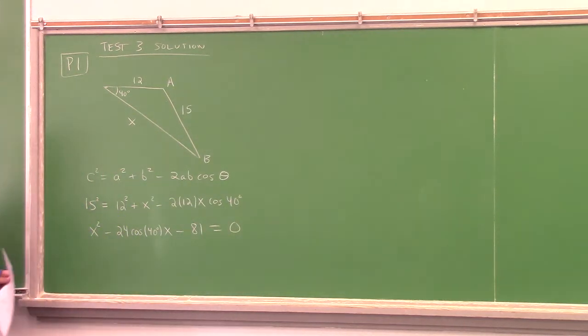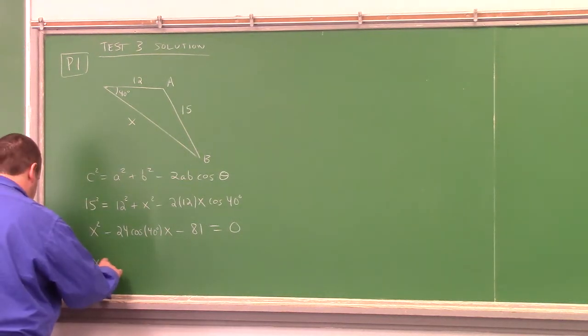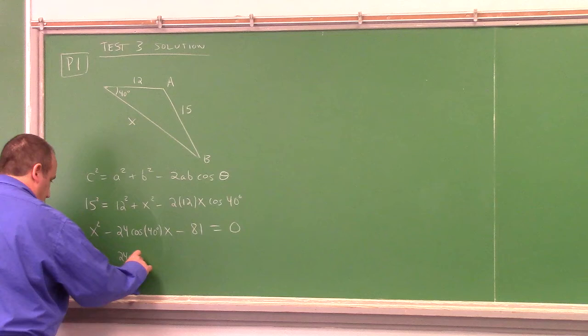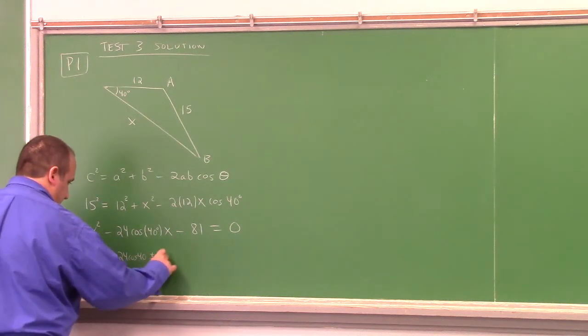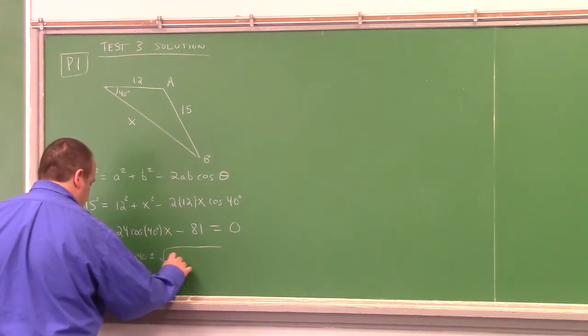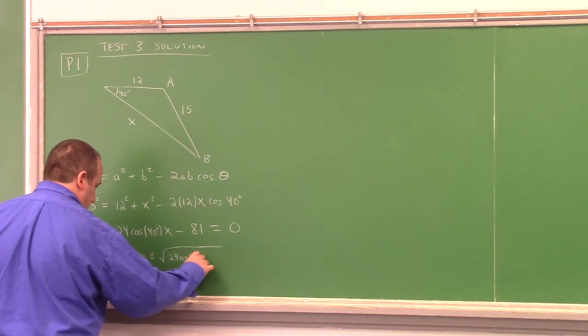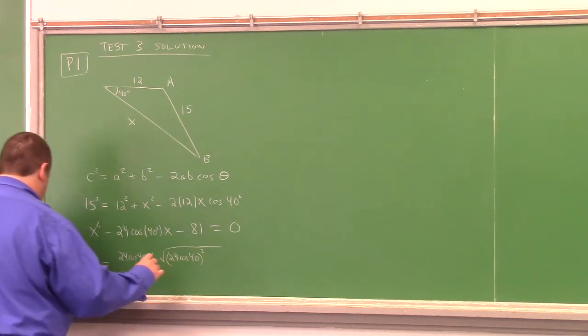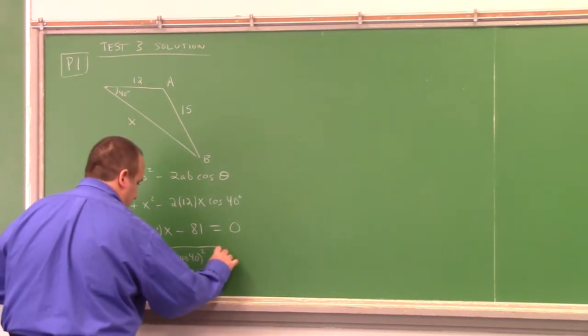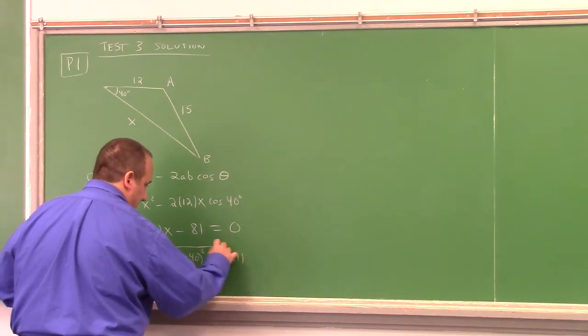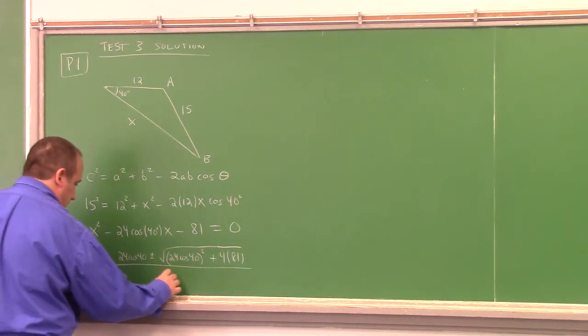And that is a quadratic equation, so we can use the quadratic formula if you like. x is 24 cosine of 40 plus or minus the square root of (24 cosine of 40) squared plus 4 times 81, because the minus and minus cancels, all divided by 2.